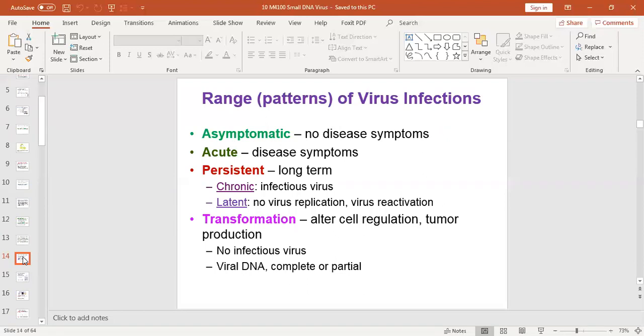Persistent is subdivided into chronic and latent. Chronic is a form of long-term viral infection where infectious virus is present, whereas during latent infection, we do not see infectious virus, so there is no viral replication going on. The virus remains dormant in some cells and becomes reactivated.